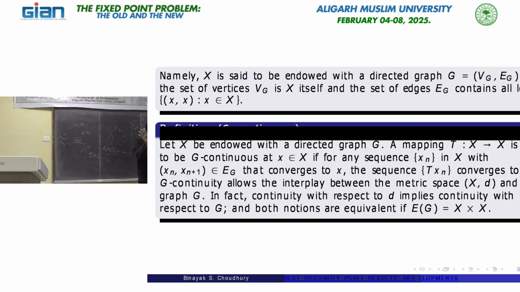You can just make them redundant and maintain that my inequality needs to be satisfied only on certain subsets of x cross x. What is a subset of x cross x? R is a subset of x cross x.